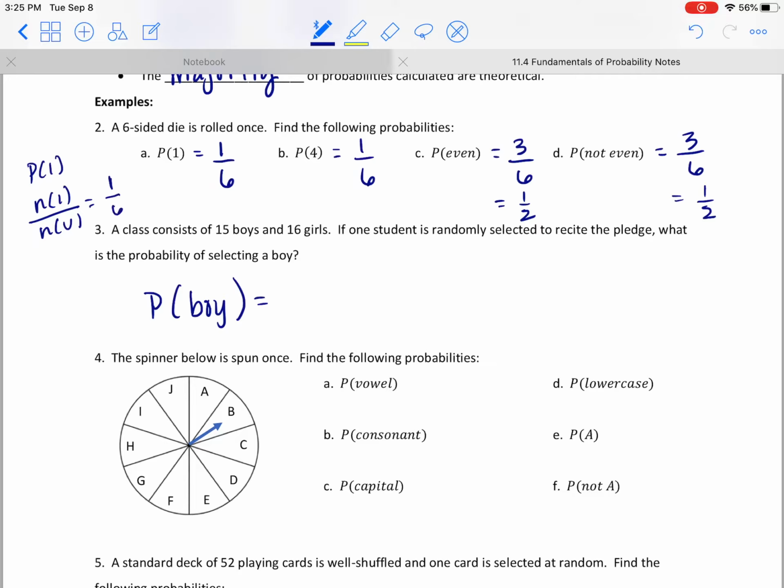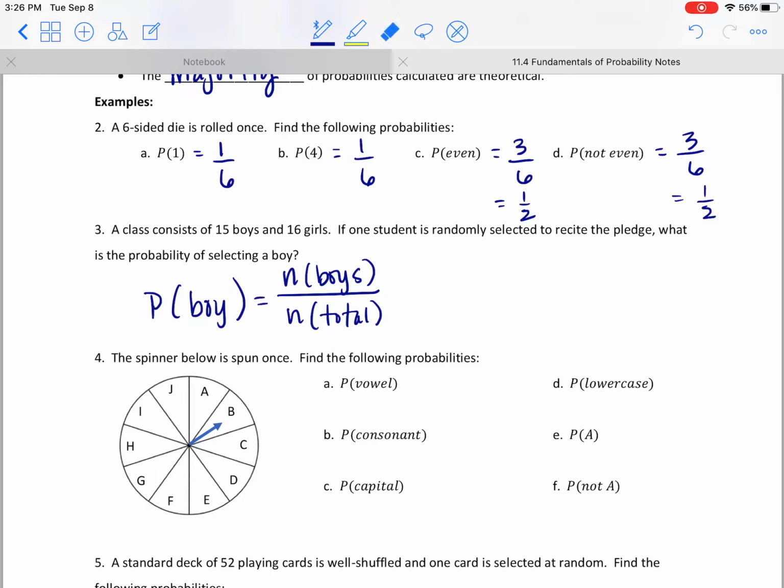So there was 1, and 6 options in the universal set, and that's sort of what we went all the way through. I sort of made an assumption that we have done this before, and I'm not sure that you have, so I'm really sorry about that. The same thing is happening here. If I want to know the probability of selecting a boy, I want to know what's the number of boys in the set, and then I want to know what's the number in the universal set, or total.